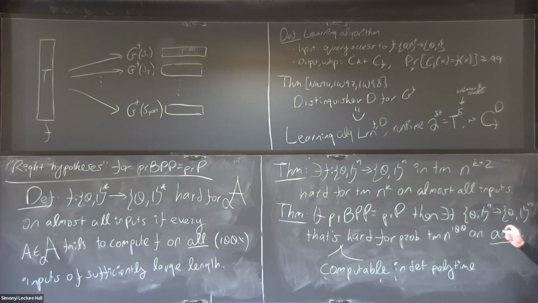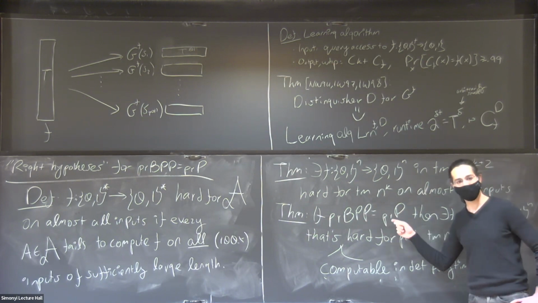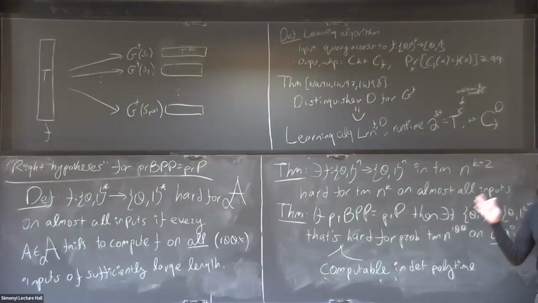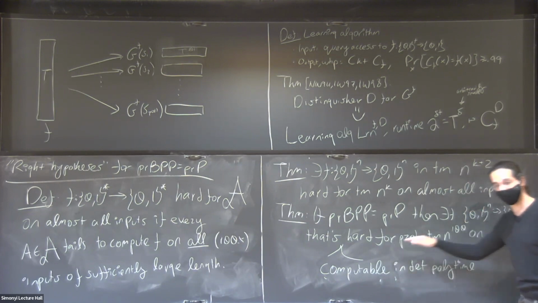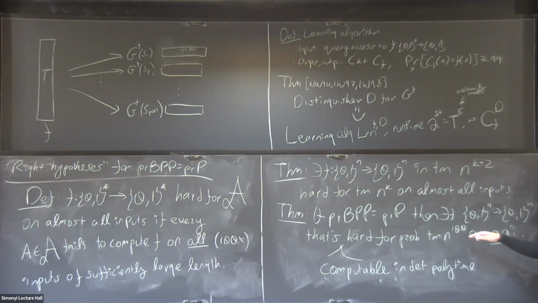So what's the polytime? Larger than 100, and it depends on the BPP equals P. What's going on here? Nothing clever. Probabilistic time n to the 100 can be derandomized in deterministic time n to the million. And now just use a hierarchy. So to get the derandomization, we need this type of hypothesis. We need a function computable in polytime that's hard for smaller probabilistic time on almost all inputs.